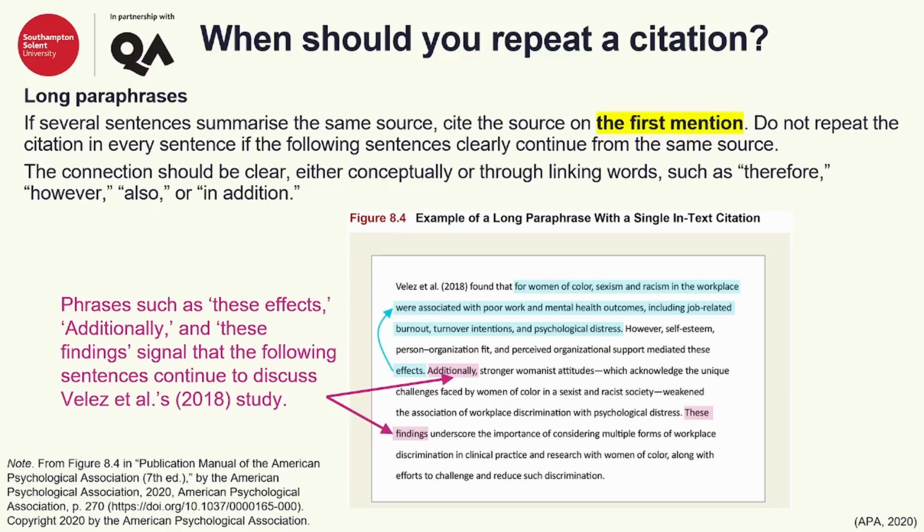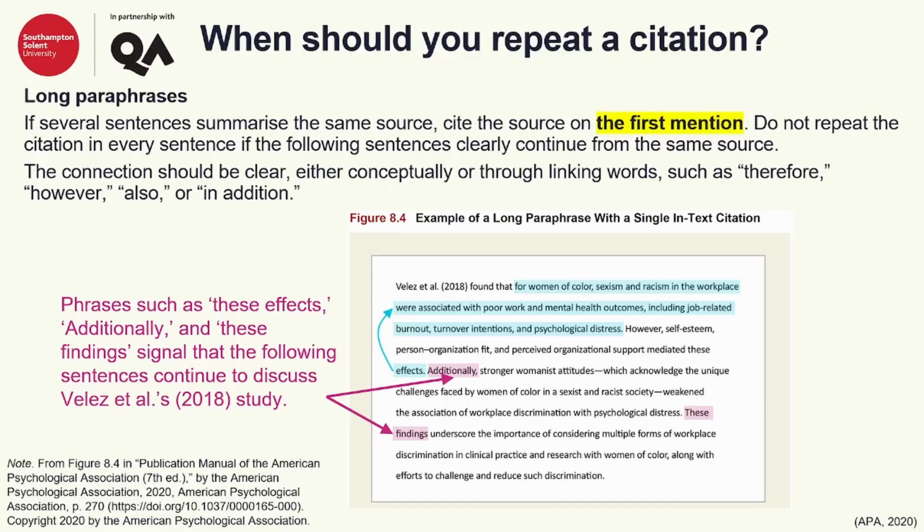You should introduce the source clearly when the paraphrase begins. The following sentences may continue without repeating the citation, provided that it remains obvious that you are still discussing the same source. The connection can be maintained conceptually because all of the sentences clearly refer to the same study.